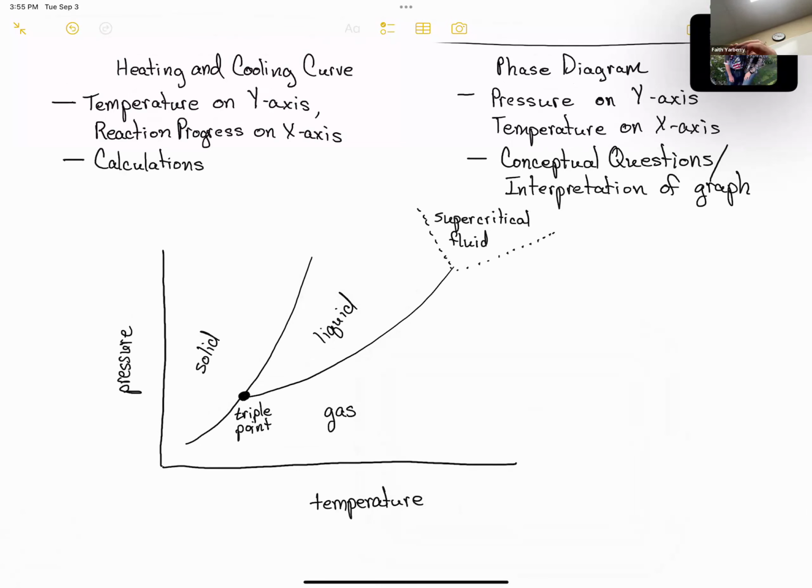A supercritical fluid exists when you have such high temperatures that the liquid is going into gas phase, but such high pressures that the gas is going into liquid phase, to the point you cannot tell the difference. You can't tell whether you have a liquid or a gas. The gas molecules are so close together they almost look like a liquid, and the liquid molecules are so far apart they almost look like a gas.